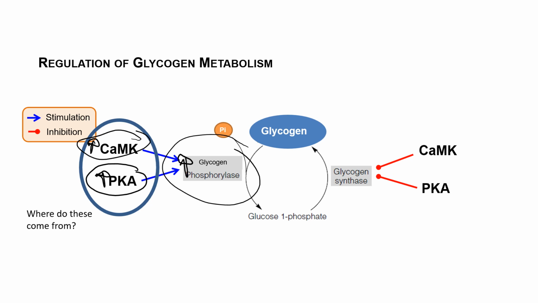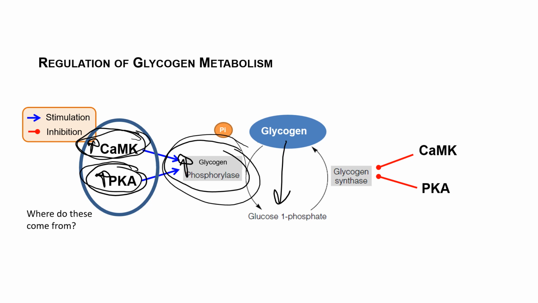A simpler way of saying this is that if you can increase the activity of either PKA or calcium calmodulin dependent kinase, then glycogen phosphorylase will become more active and more glycogen will be broken down, allowing for glycolysis to run at a faster rate.